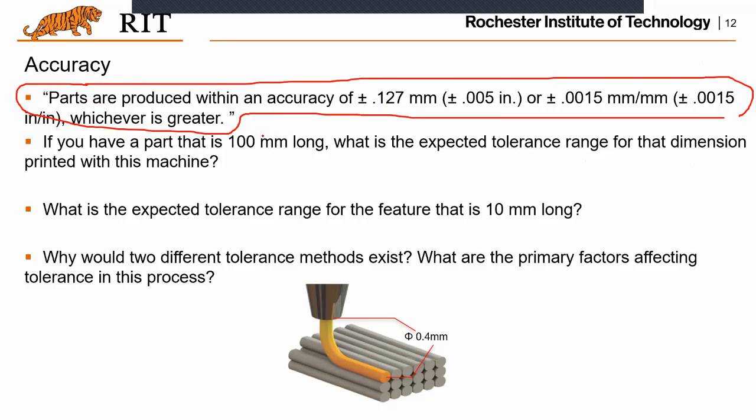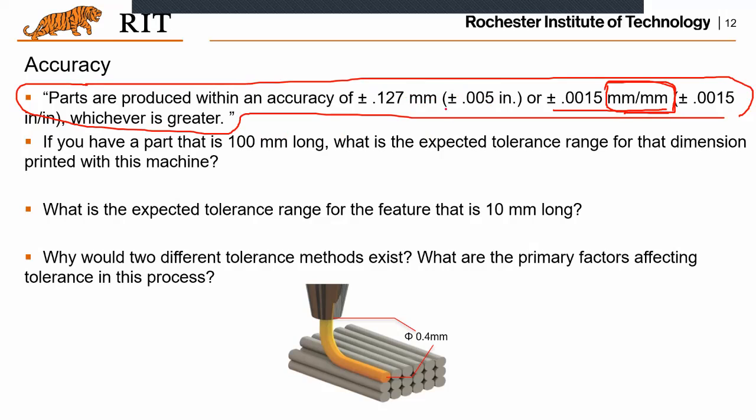So how do you understand this? Why are there two sets of numbers? And also for this number, the unit is interesting, right? You have millimeter per millimeter. Why is there a unit like this?